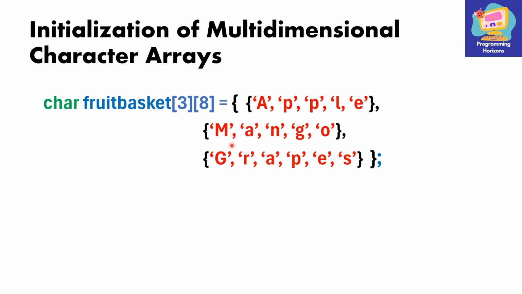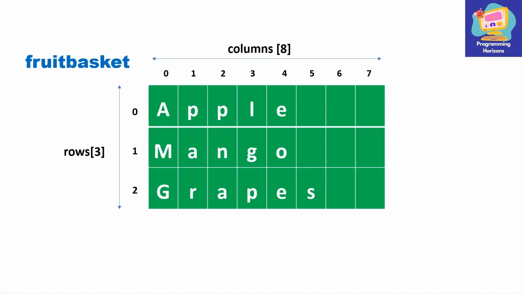The second row will contain M, A, N, G, O, again 5 characters, and the third row will contain G, R, A, P, E, S, that is 6 characters. Maximum length can be 8 characters. Upon initialization, our multidimensional array will contain all these character arrays stored inside separate rows as shown in this figure.